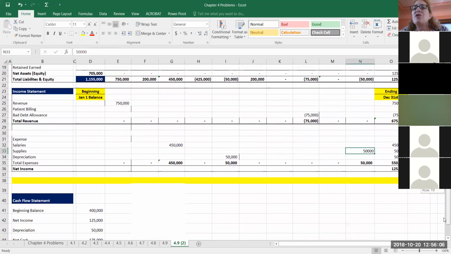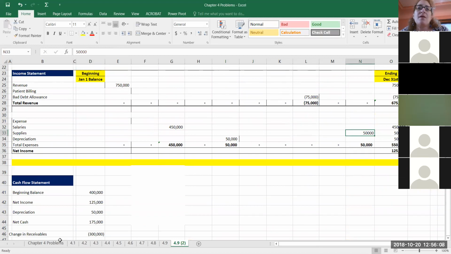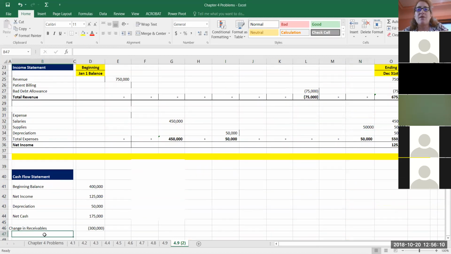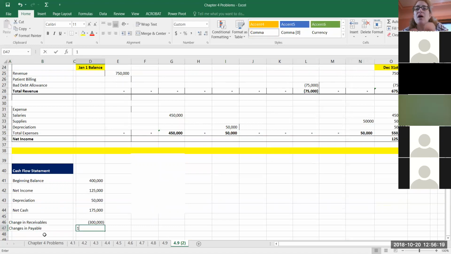It's the balance sheet that we have to reflect now. So what we've got to do is say that our changes in payables, and that's what we call it, changes in payables. We didn't pay all this. There's 150,000 left that we didn't pay. So we can say that we increase our cash. I know it's kind of hard to understand that, but that's the way that this statement works, okay? So those are two pieces.